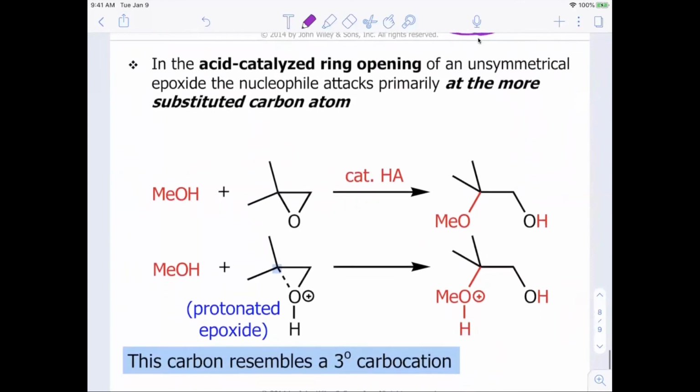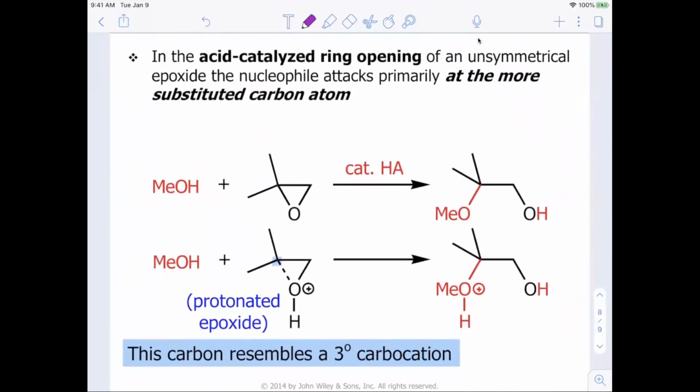However, in contrast, when we have an acid catalyzed epoxide ring opening, we protonate first using that acid, and what happens is the nucleophile ends up attaching to the carbon that is more hindered. And the reason that that happens is that this is more SN1 like.